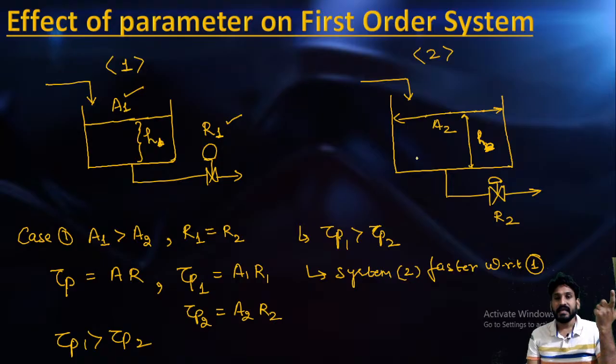It means tank 2 will get its ultimate value of response in less time. So if it achieves its UVR first, in less time, then my tank 2, or system 2, is faster as compared to the 1.